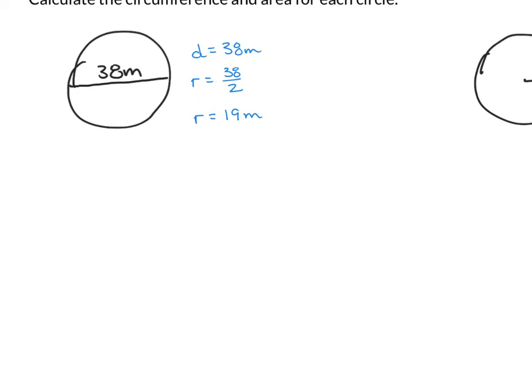Okay, let's start with circumference. It doesn't matter which formula you use. I'm going to use pi times d on this one. If we plug in, pi is equal to 3.14, and d is 38.